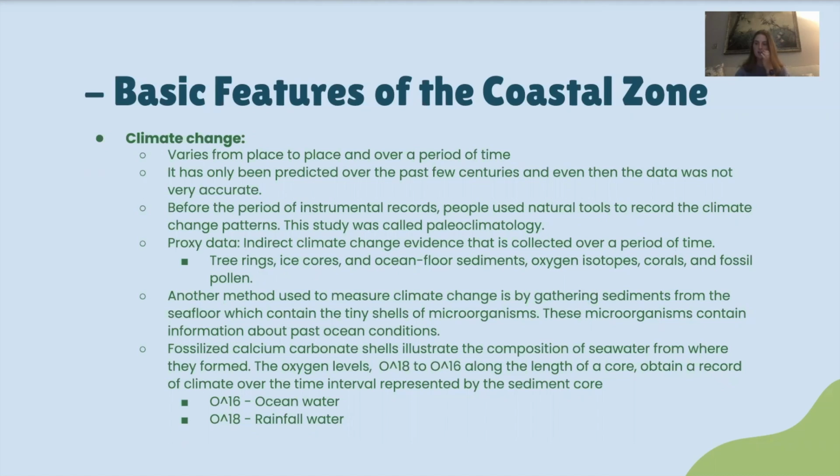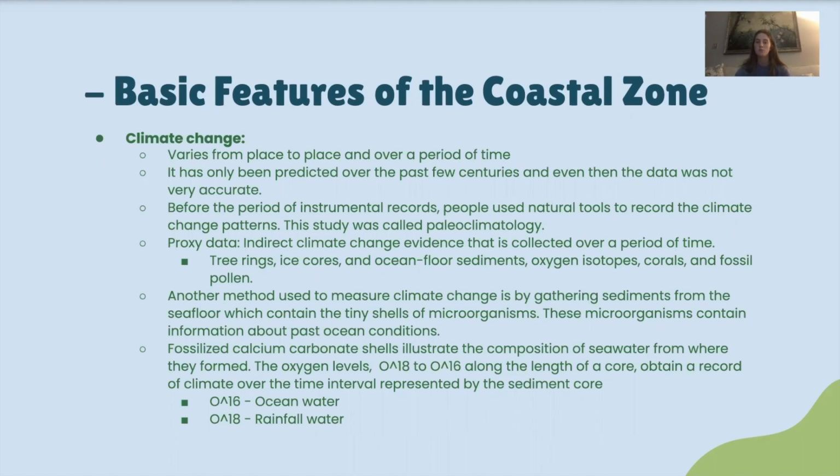So when you're measuring climate change, it is usually measured over a period of time and not just a specific day. It has only been predicted over the past few centuries, and even the data then was not very accurate. Back then, the data was taken from natural things. There were no tools invented to help measure weather or climate change, so it was very inaccurate and just a prediction.